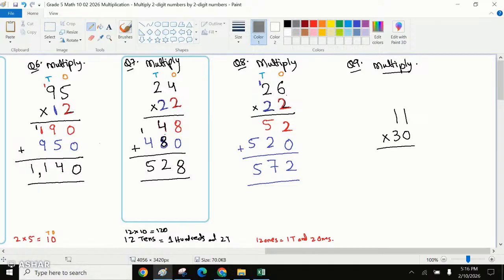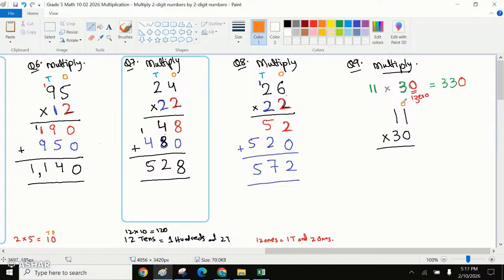Rather than doing it this way, we can say when 11 was multiplied by 30, there was 1 zero. Agreed? That means 11 multiplied by 3 is 33, and we simply put 1 zero. 330 is the product of these numbers.